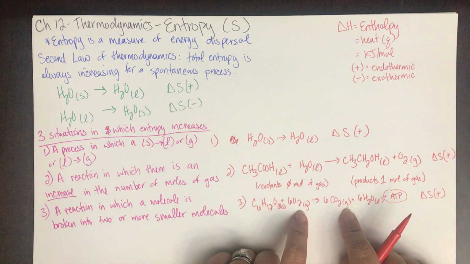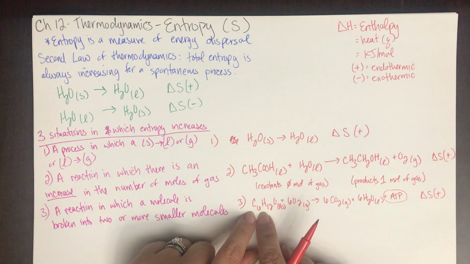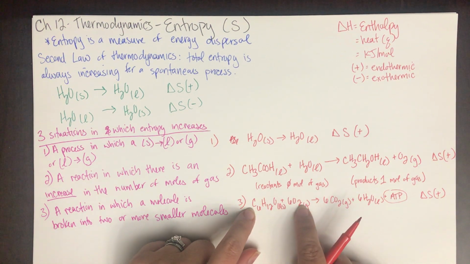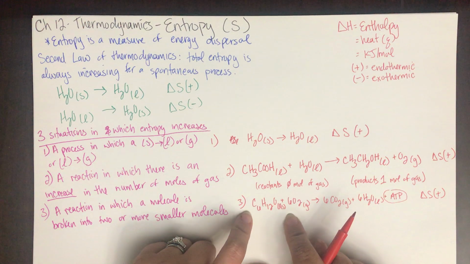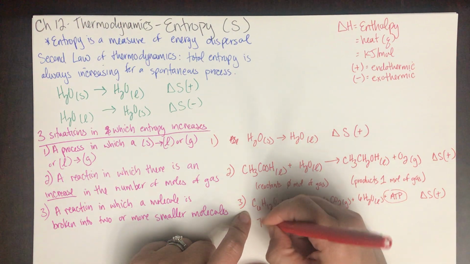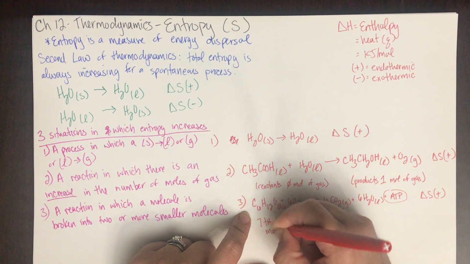The number of moles of gas is not changing, but we're breaking up 1 molecule of glucose and 6 molecules of oxygen. So there's a total of 7 molecules over here as a reactant. 7 total molecules.